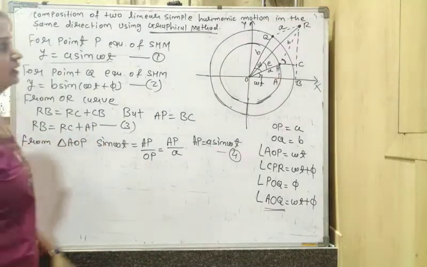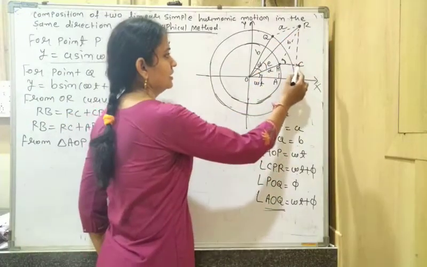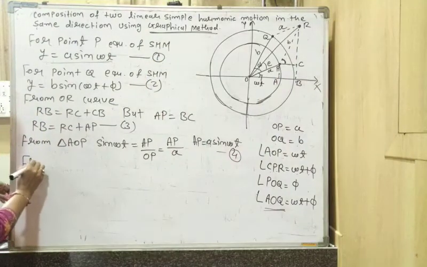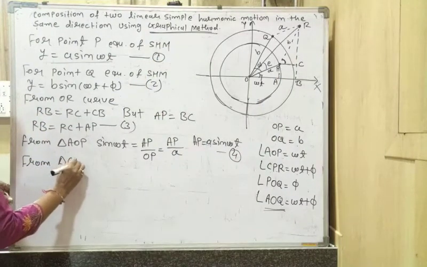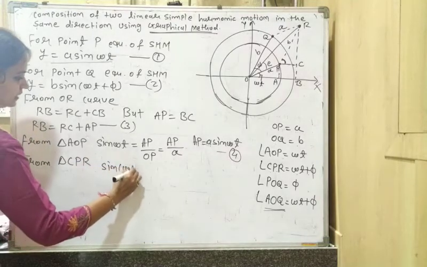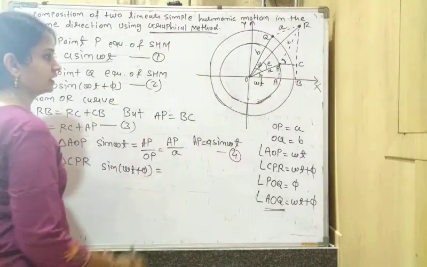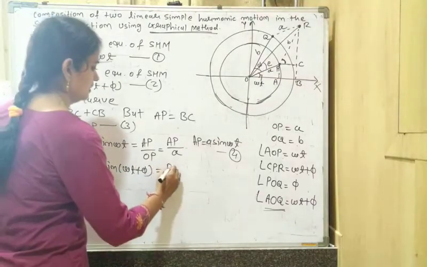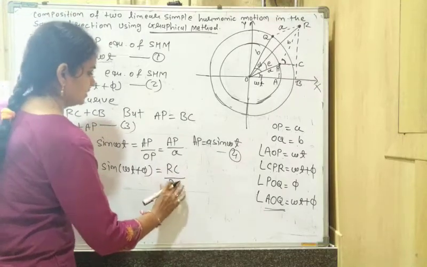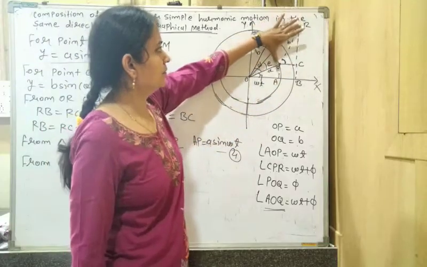Now what is RC? For RC, we have to consider triangle CPR. From triangle CPR, what is the value of theta? Omega t plus phi is equal to RC upon PR.